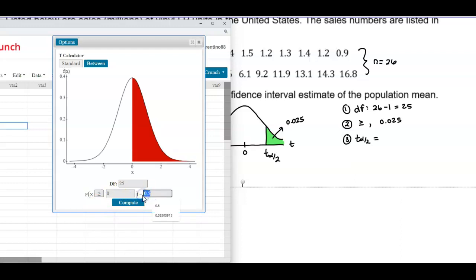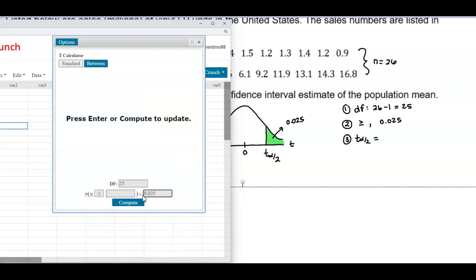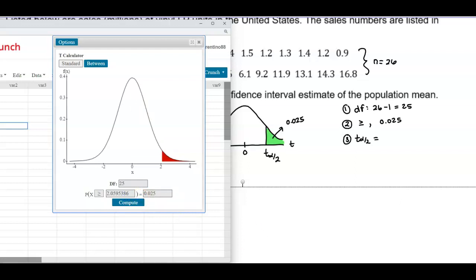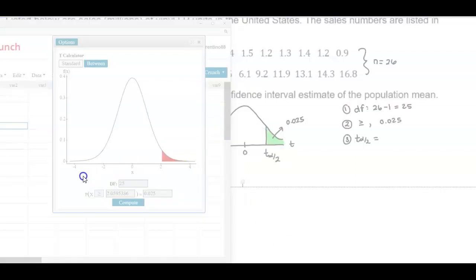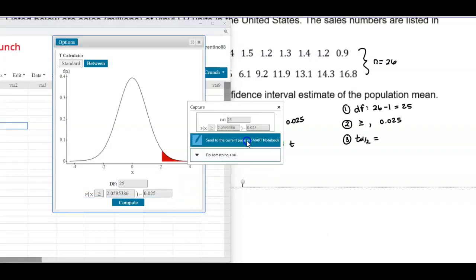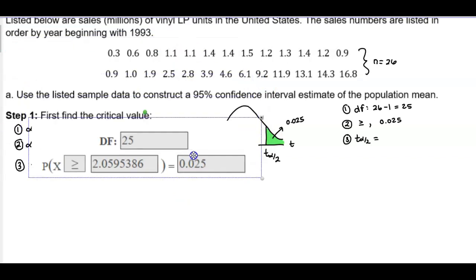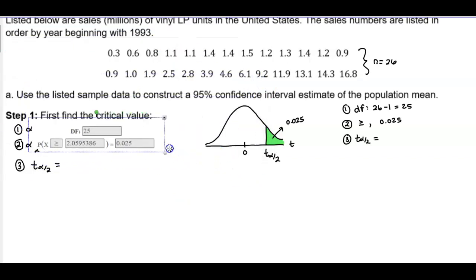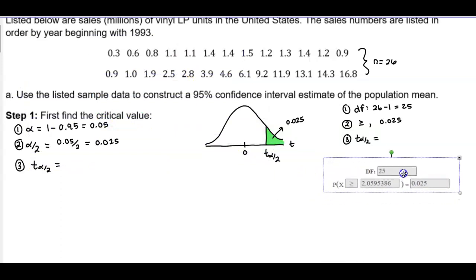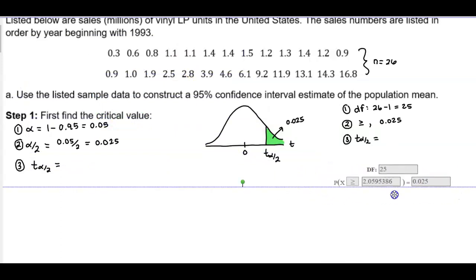That gives us the following value. So there is our critical value, and we want to round that to 3 decimal places, which gives us 2.060. Therefore that is the critical t value.